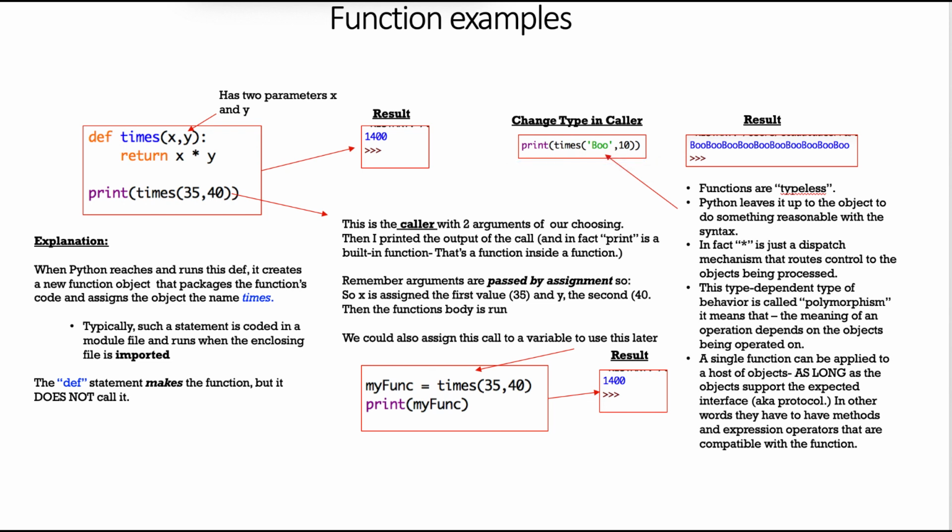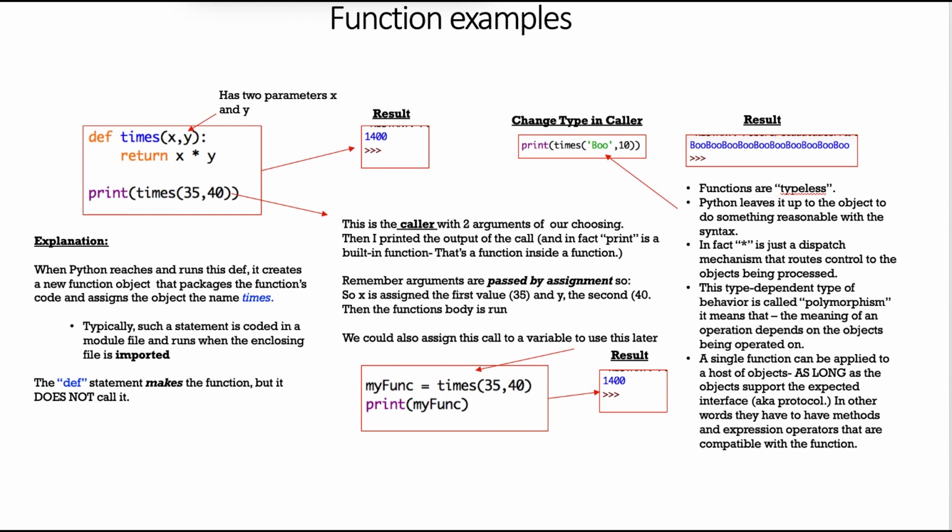Functions are typeless. Python leaves it entirely up to the object to do something reasonable with the syntax. In fact, the asterisk is just a dispatch mechanism that routes control to the objects being processed. This type-dependent behavior is called polymorphism. It means that the meaning of an operation depends on the objects being operated on.